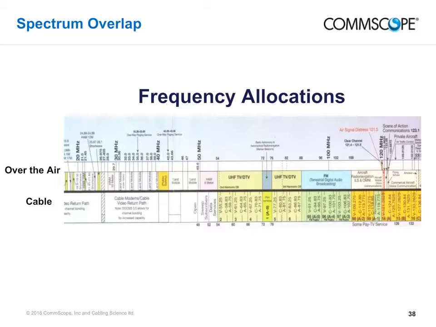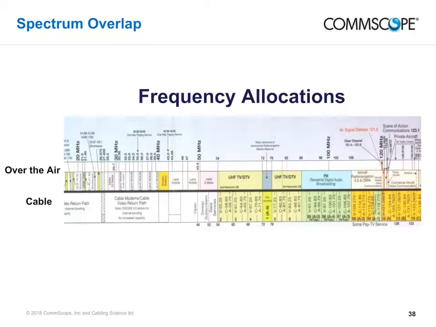This is because each industry uses a separate physical medium to transport its signals. Cable signals are transported over coaxial or fiber optic cable, while these other industries transmit their signals over the air. Problems can occur, however, when there are physical breaks in cable's media, where RF signals can escape or leak into the air.